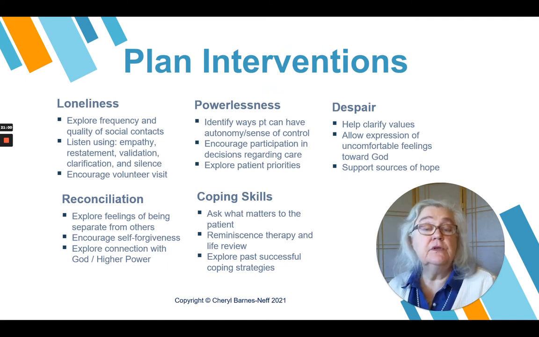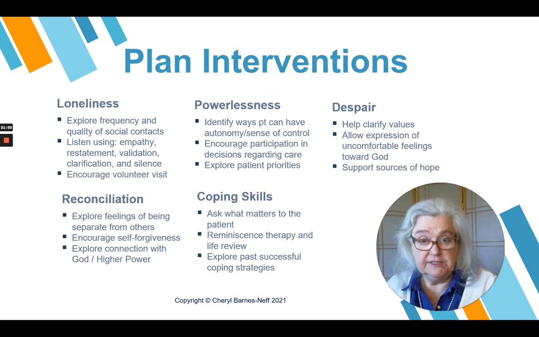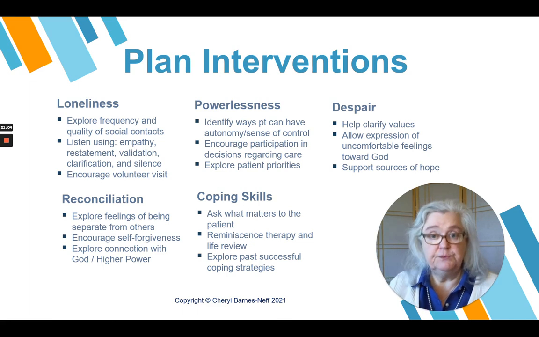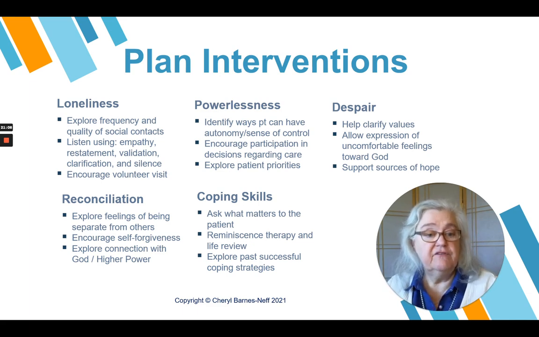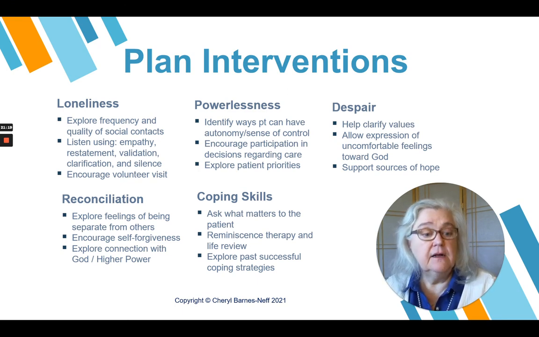All right, so let's take a look at interventions that are possible. So again, we want specific activities and actions that we can take for any of these types of symptoms that will help us toward the goal that we and the patient have come up with. So with loneliness, to explore the frequency and quality of social contacts.